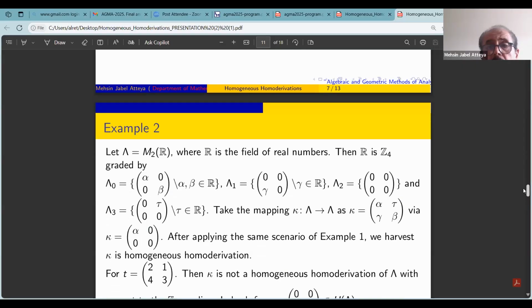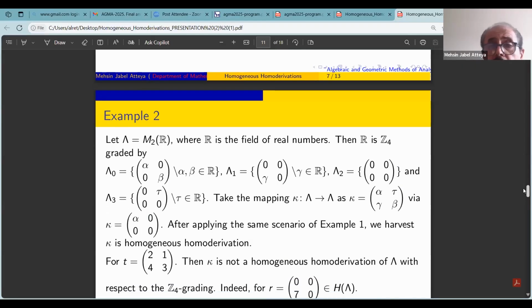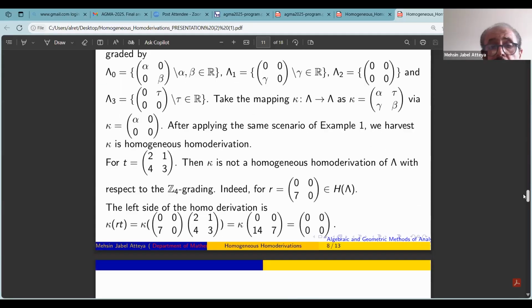This example applies the same technique as example one. Here lambda equals 2 by 2 matrices whose elements are from the real numbers. After taking lambda 0, lambda 1, lambda 2, lambda 3 in this way and applying the same scenario as in the previous one, we find kappa is a homoderivation. Now we will seek the converse.